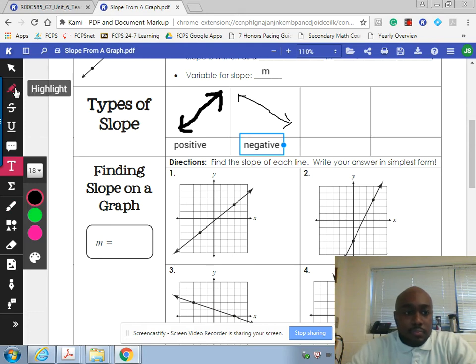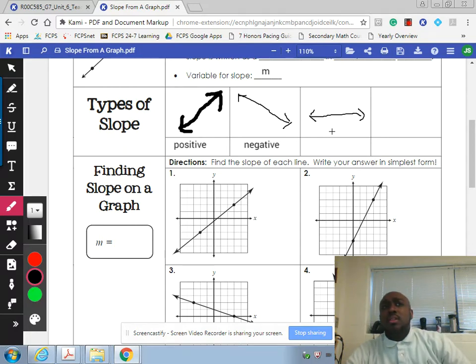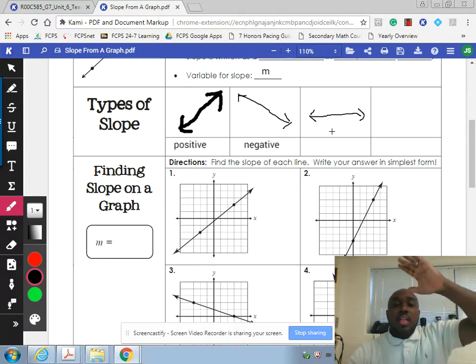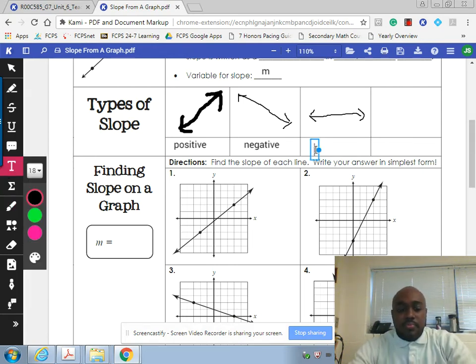Keeping it moving, we also have a zero slope. What would a zero slope look like? You probably guessed it. A zero slope would be a flat line. When I think of slope, I always think of a hill, or some type of incline. If there is no incline, then obviously it's going to be a zero slope.